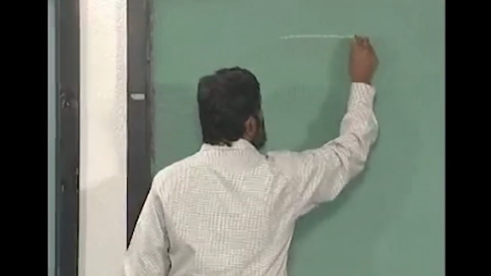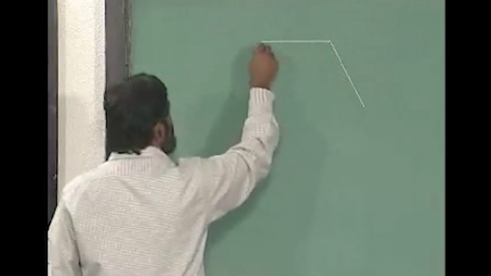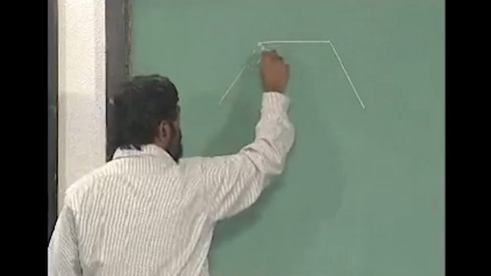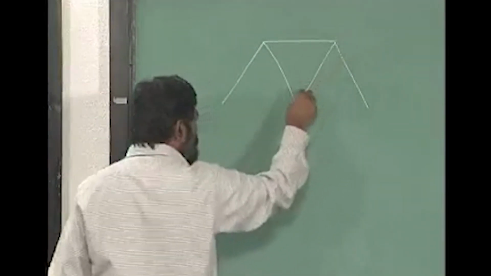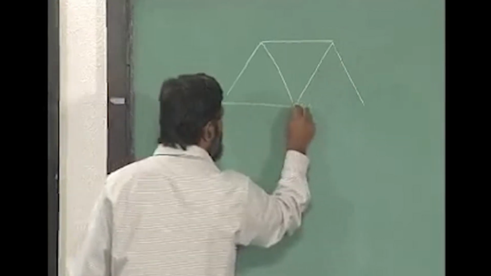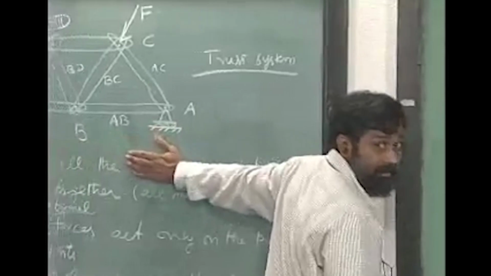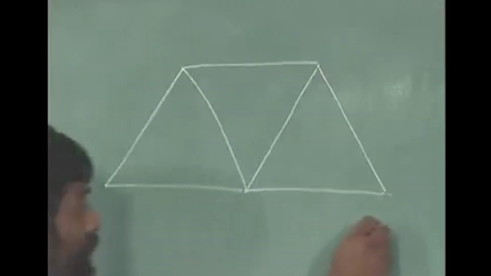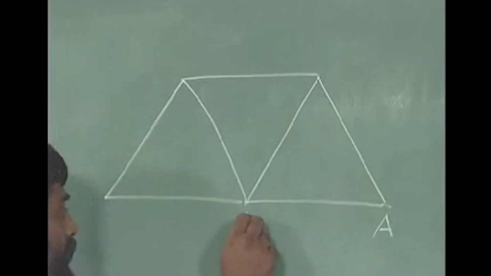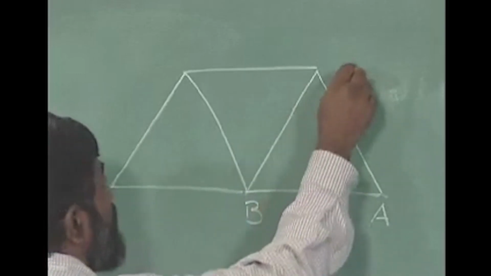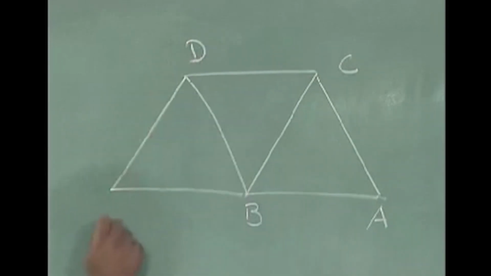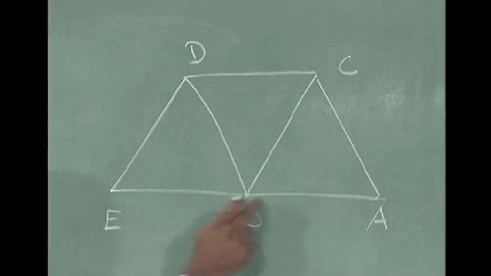So, let me do that pretty fast. It is easier to draw also, right. Looking at this, I can now write A, B, C, D and E, and all these are one dimensional or line members.